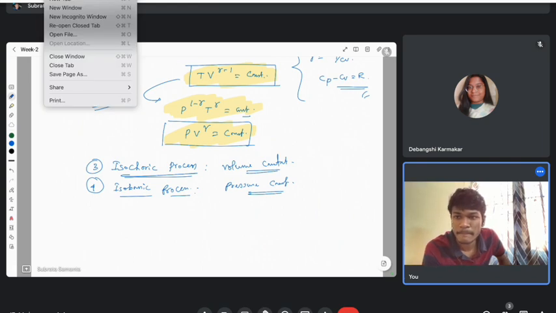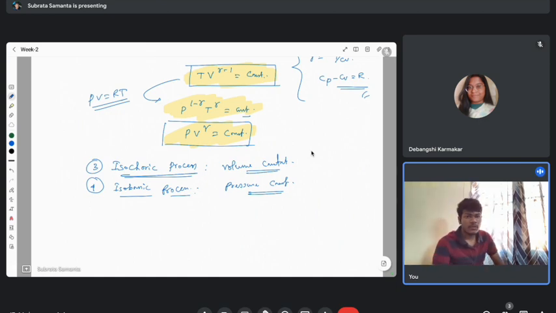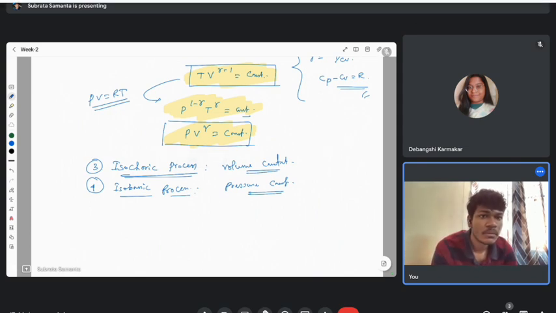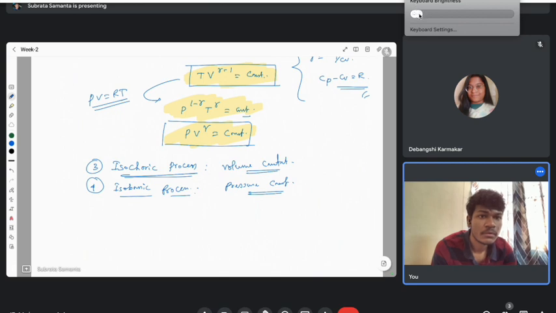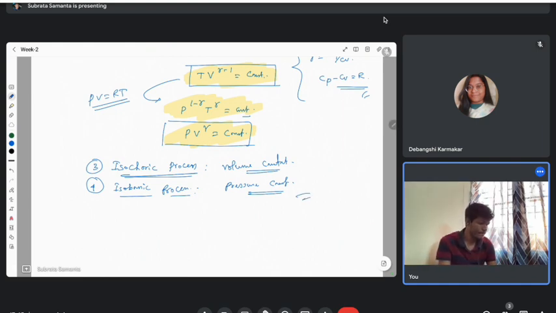Okay, other things: energy is a state function, right?